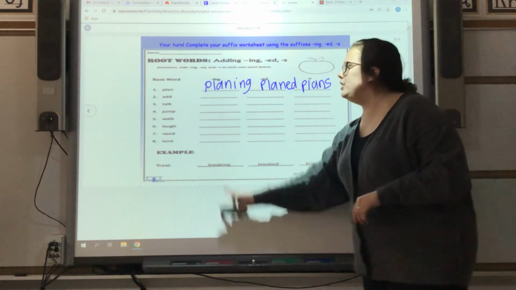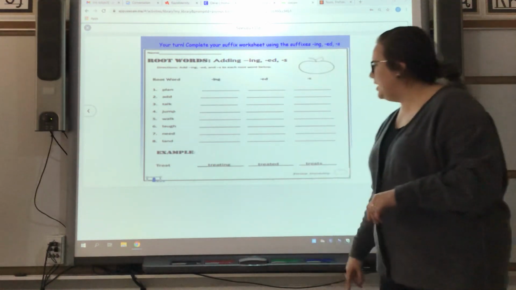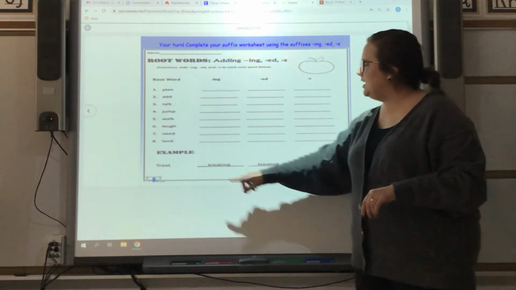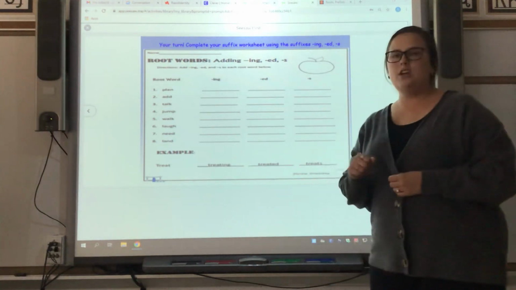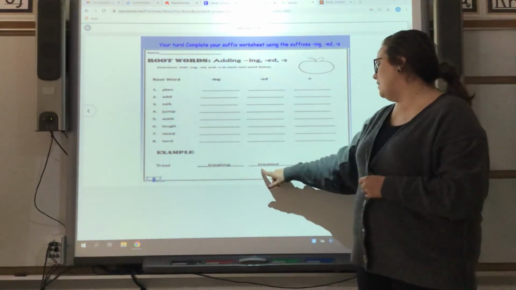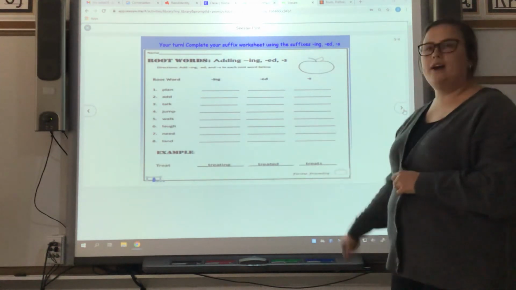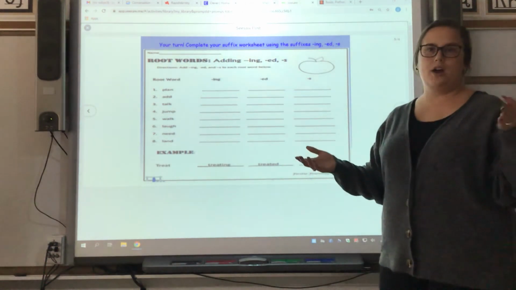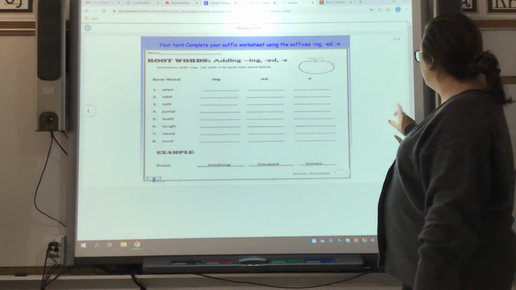Do that for your assignment today, guys. You're going to do each word. That way you can see how they change. They give you an example. You have the word treat, you add ing, you have treating. You add ed, you have treated, and you add s, you have treats, which means more than one. I have a lot of treats. I have more than one treat.